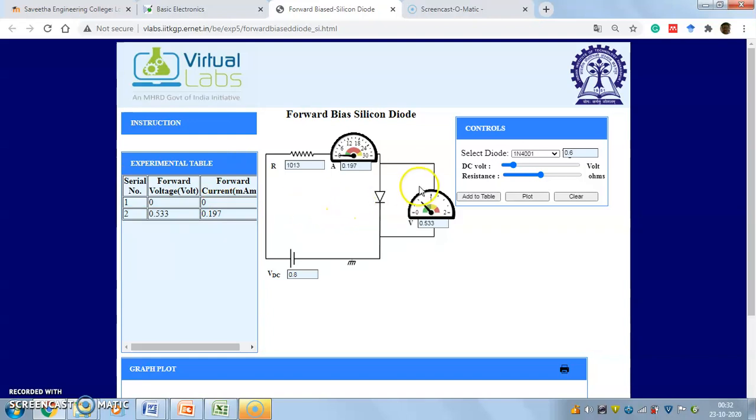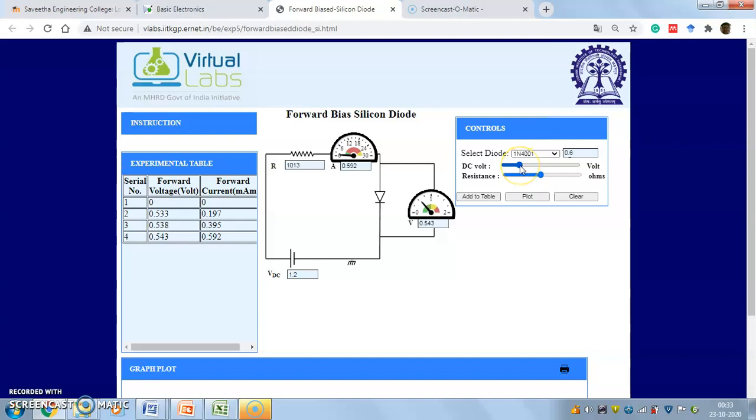Then we vary the voltage from 0.8 to 1. Now you can add to the table. Then we add the value of 1.2, and add to the table.